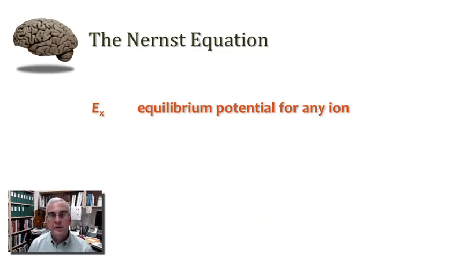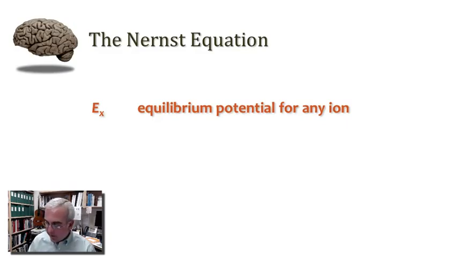One assumption has to do with the temperature at which we're recording, and we can either choose body temperature or room temperature, depending on whether we're thinking about neurons in our own head or perhaps in an experimental preparation on a laboratory countertop. We can also make some assumptions that reflect the impact of the Faraday constant and the gas constant, basically parameters that define the world in which we operate.